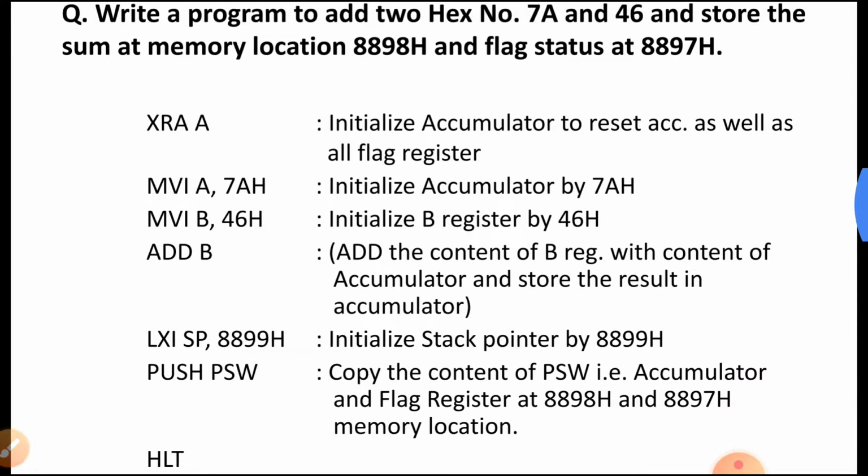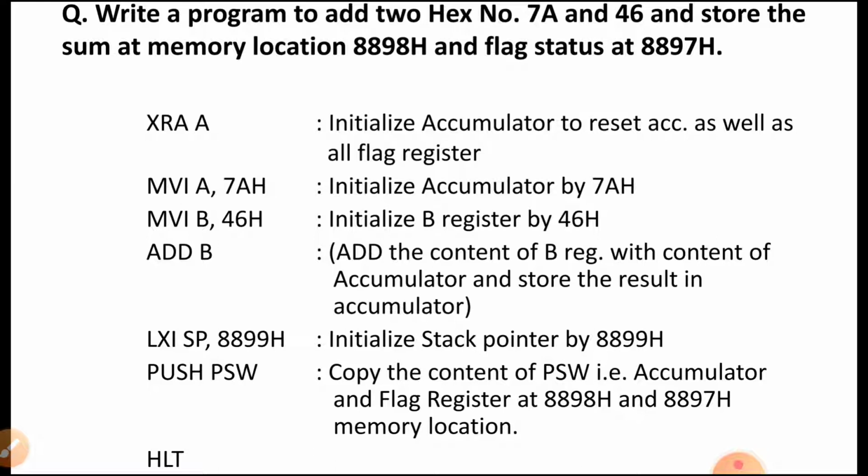So we have to do certain stack operations, and before doing any stack operation it is necessary that the stack pointer should be initialized by an address, so that we will be able to store the sum as well as the flag register content in memory locations.